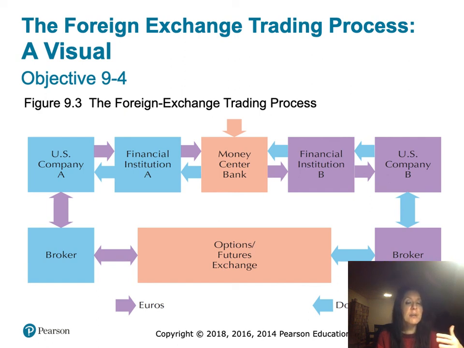You see the flow of transactions from the US company to financial institutions, to brokers, and how the brokers are carrying out those transactions, meaning options, futures, and exchange, and how this whole network of transactions is linked to money center banks and other financial institutions. You can clearly see here the network of players basically operating in the foreign exchange markets.